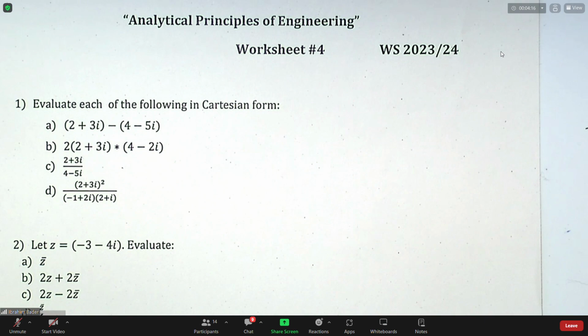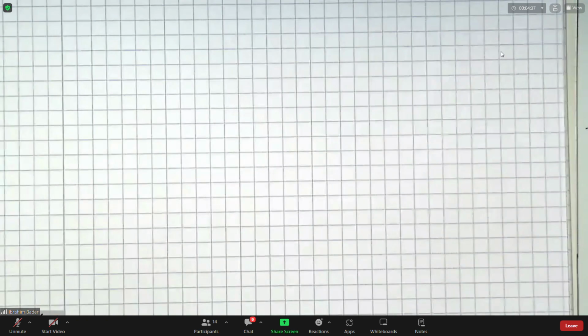If you remember, we defined complex numbers. So just let me give you a summary of the major theory behind that, and then we will see how to solve.